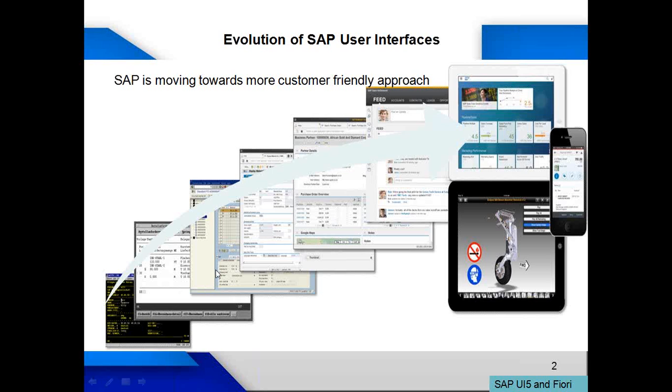Then in 1996, they delivered one package called GUI. GUI stands for Graphical User Interface, which is mainly developed in the ABAP language. We can call it module pool programs, or some call it Dynpro programs.